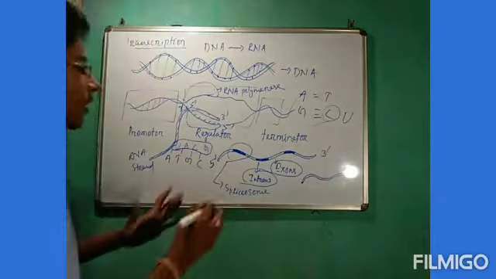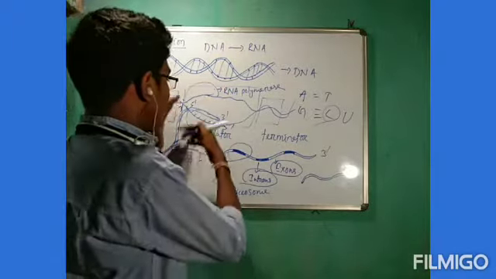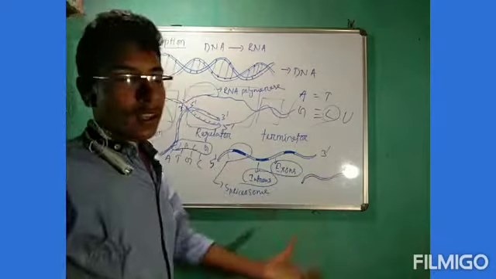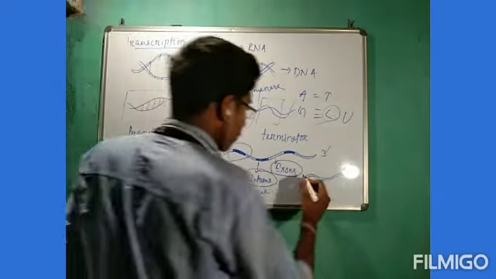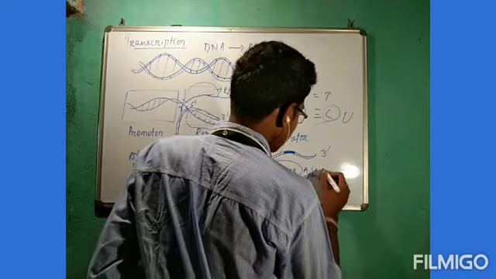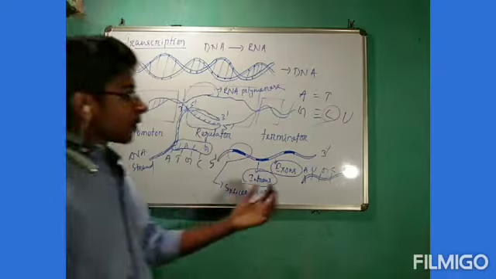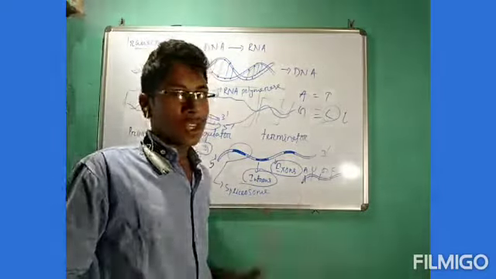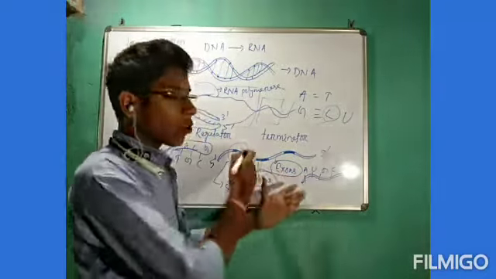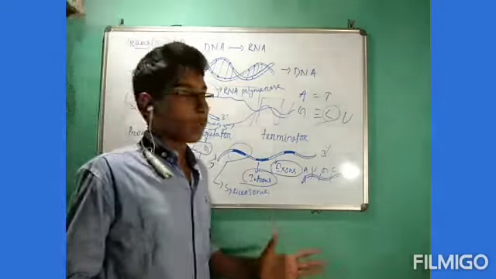Okay. After that, the whole information of the DNA is converted into RNA. Here the sequence has A, U, G, C. After getting a complete RNA sequence, it goes out from the nucleus and comes into the cytoplasm.